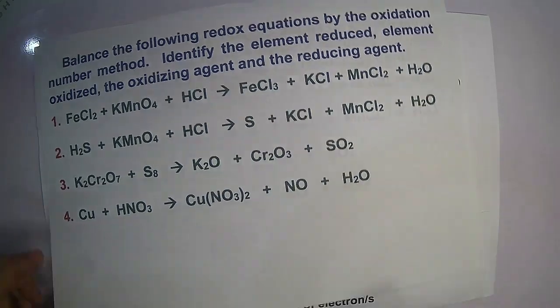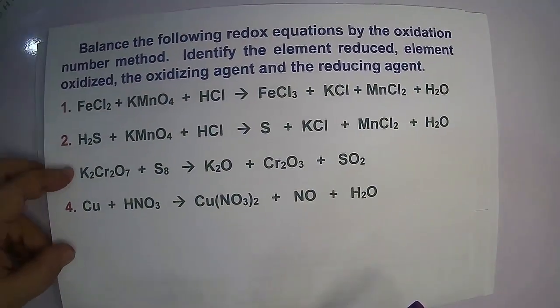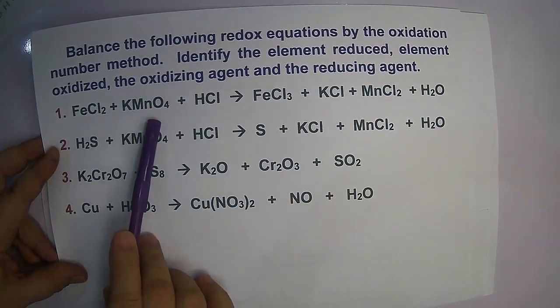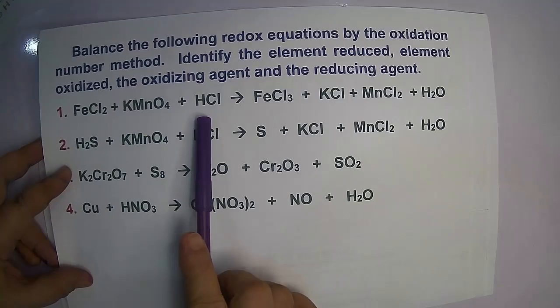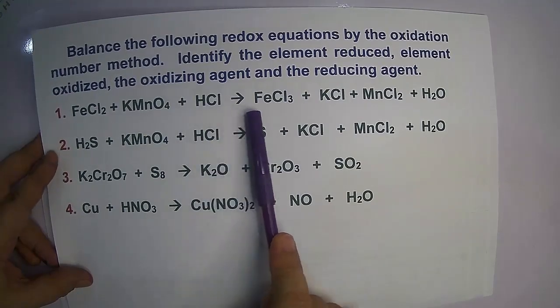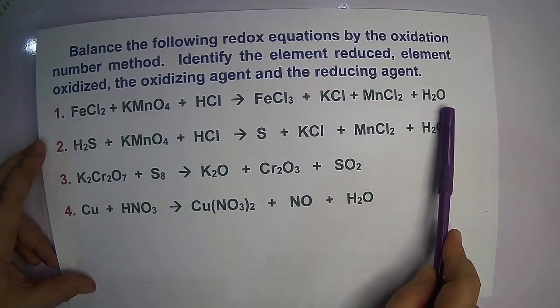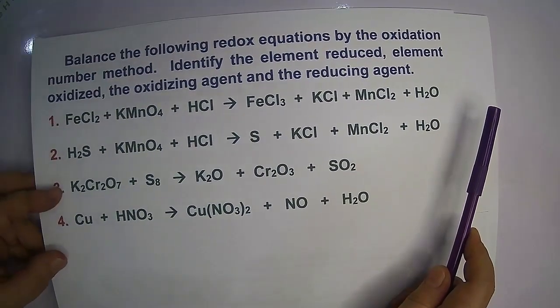So, to begin with the first number, you have ferrous chloride, potassium permanganate, and hydrochloric acid, giving you ferric chloride, potassium chloride, manganese chloride, and water as the products.